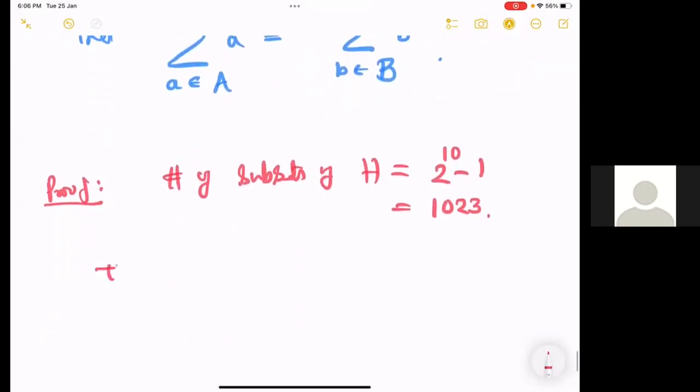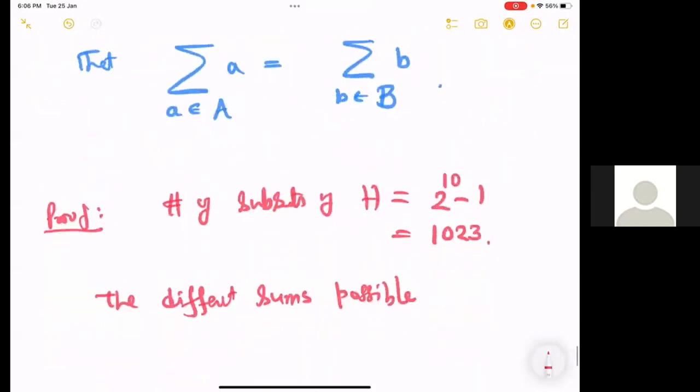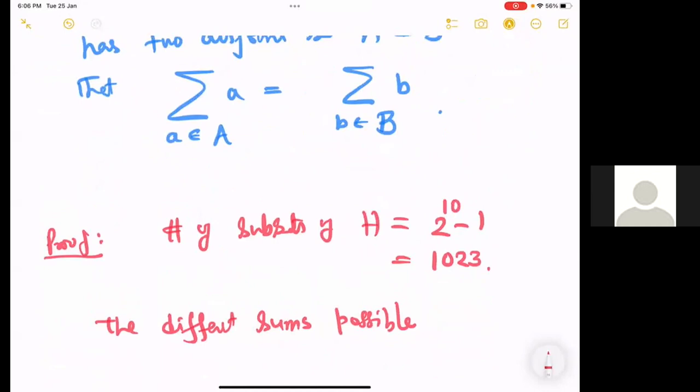And the different sums possible. What is the maximum sum? I'll write it a little bit formally so that everybody can see. What is the maximum sum possible?